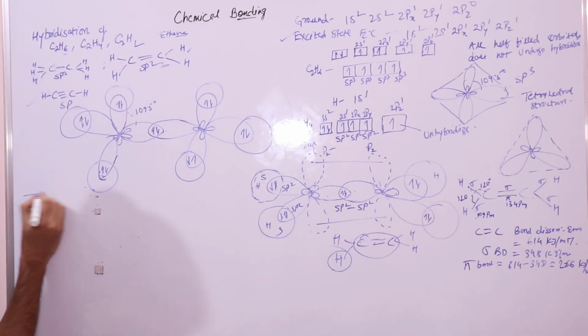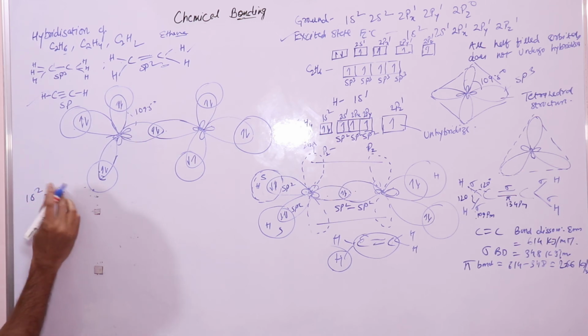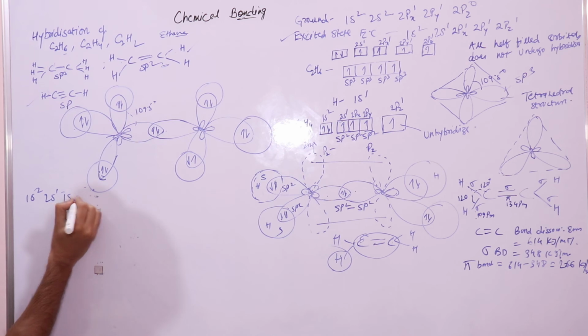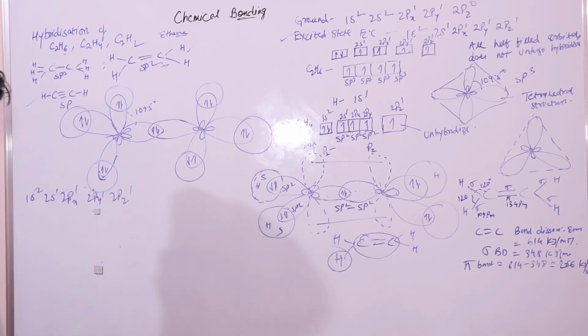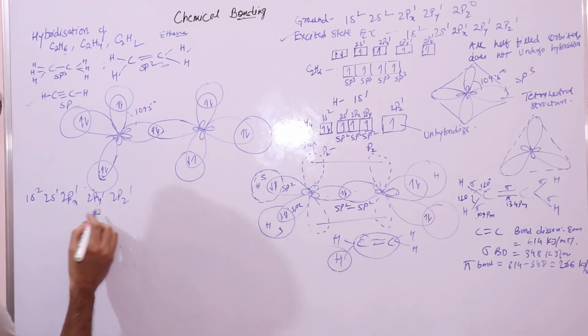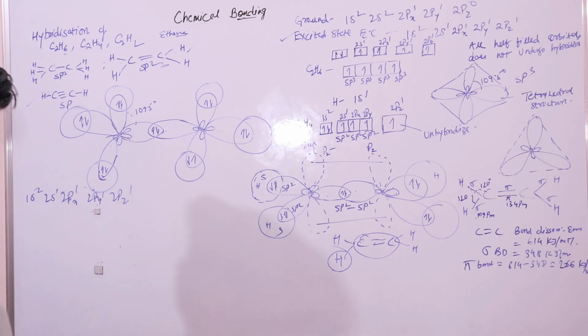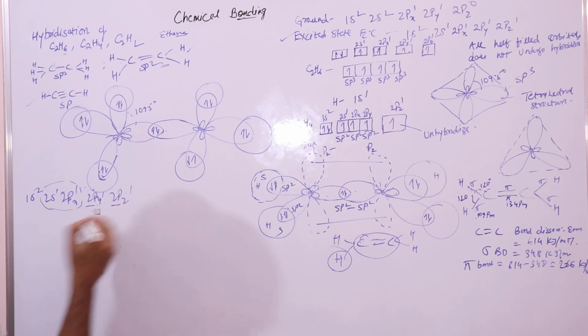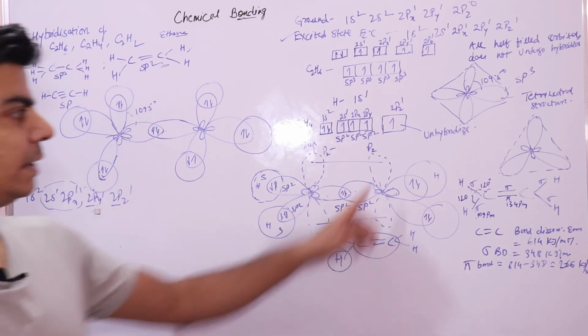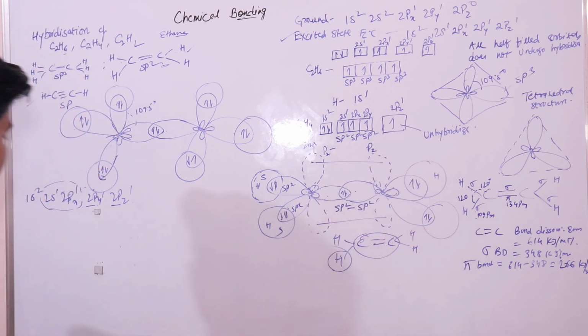If you look at the electronic configuration, it's 1s2, 2s1, 2px1, 2py1, 2pz1. The hybridization would be between 2s and 2px, sp, and 2py and 2pz will remain unhybridized, like this 2pz.